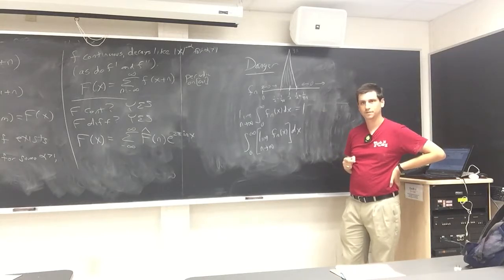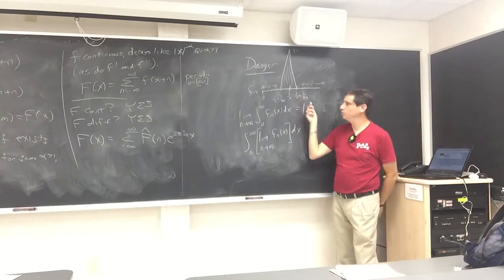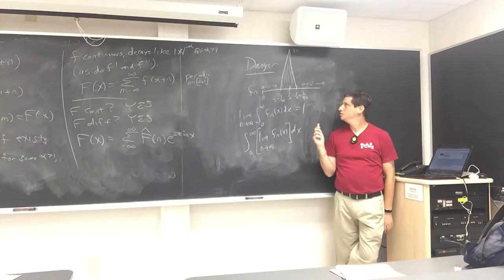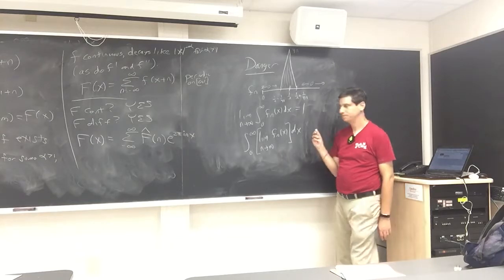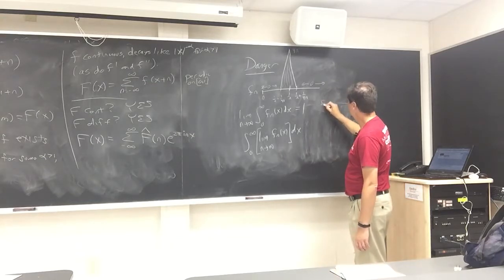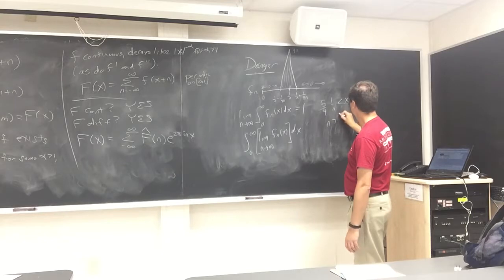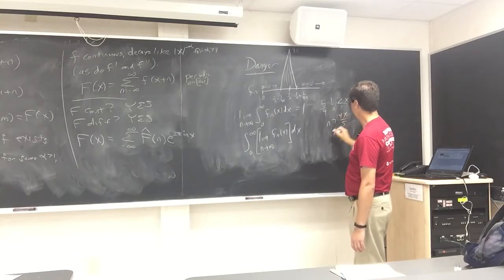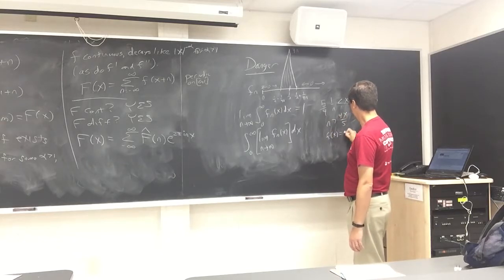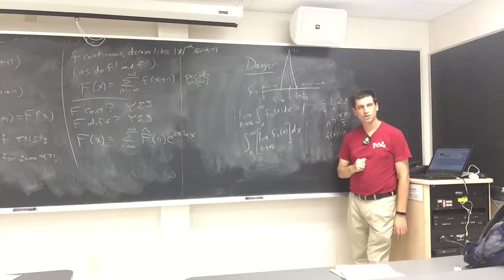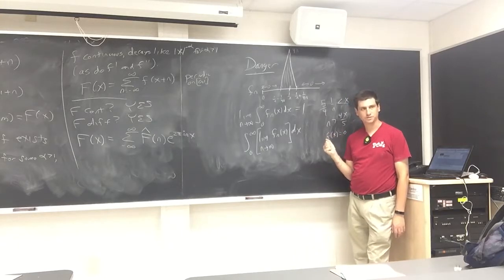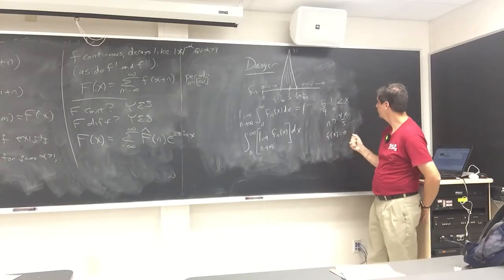So 1 over n plus 1 over 4n should be 5/4 times 1 over n. So 5/4 times 1 over n is less than x. That means once n is greater than 5 over 4x, f_n of x equals 0.